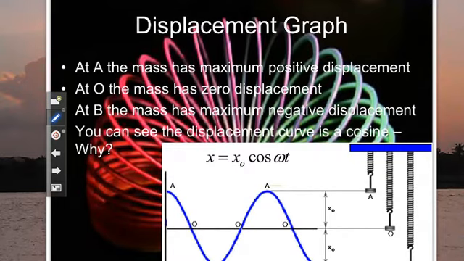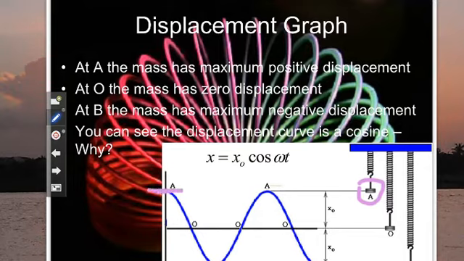Now let's look at the actual math associated with our oscillating objects. So let's imagine that we have a mass on a spring, and we start at position A. And we lift it up, and we're going to start graphing.